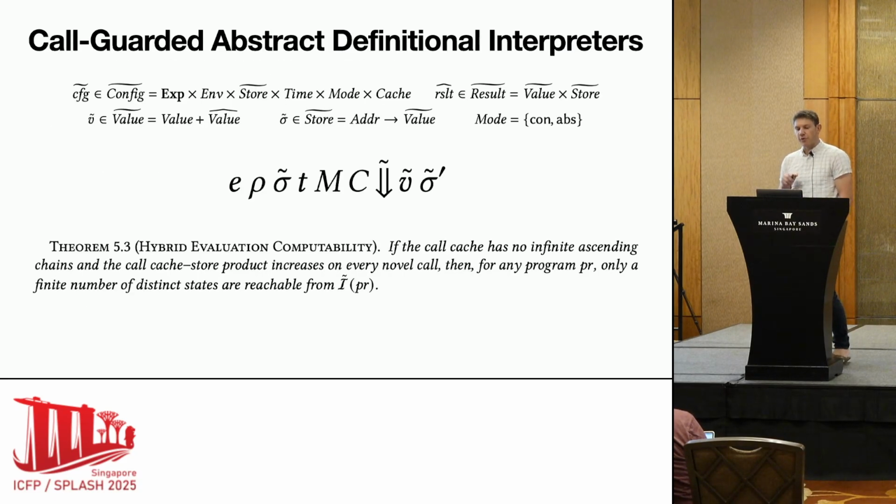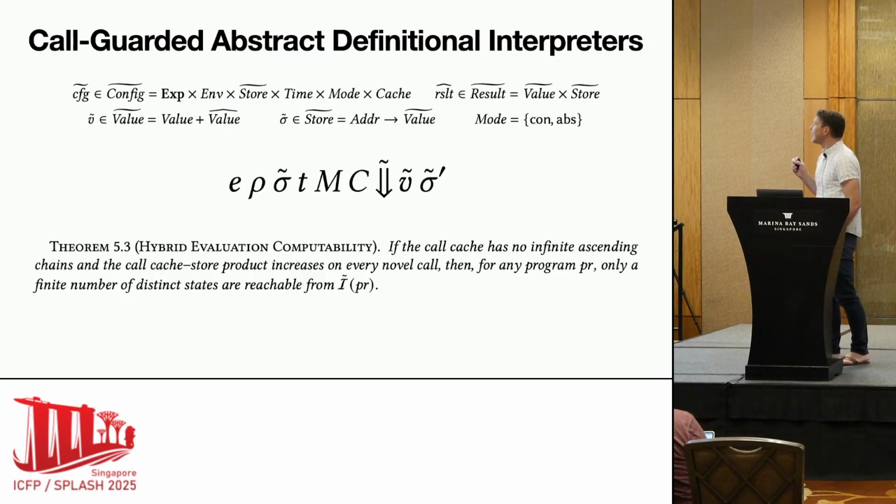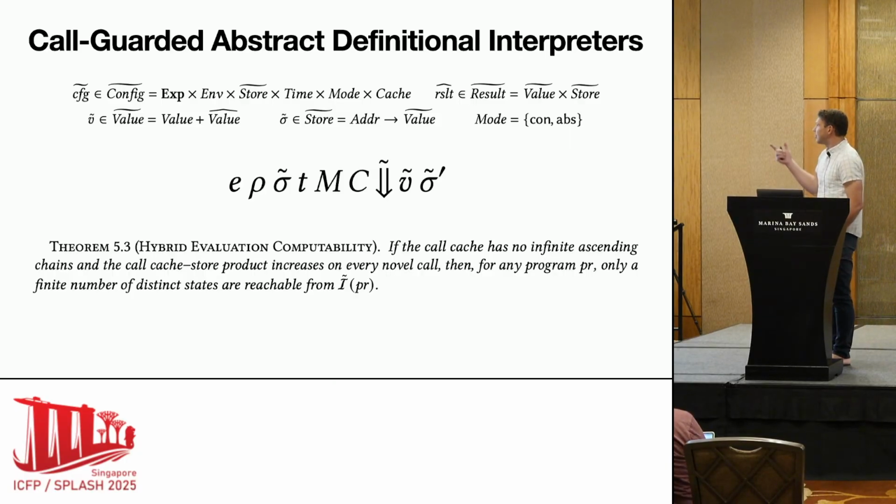So just a little bit more formally, we've got this state space, and the important thing to see here is that our stores are addresses to values, and the values are either abstract or concrete, so they coexist in the analysis. And we've got this evaluation judgment. The first 4 terms are familiar from maybe a CESK or a CES machine with a timestamp. The M component is an evaluation mode.